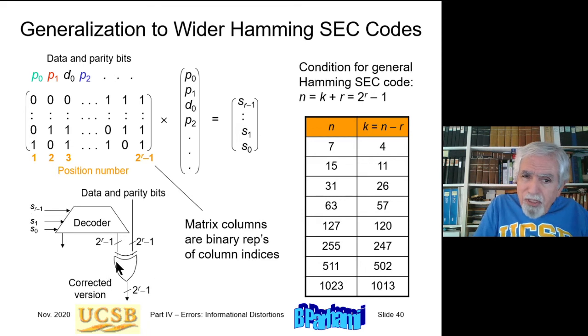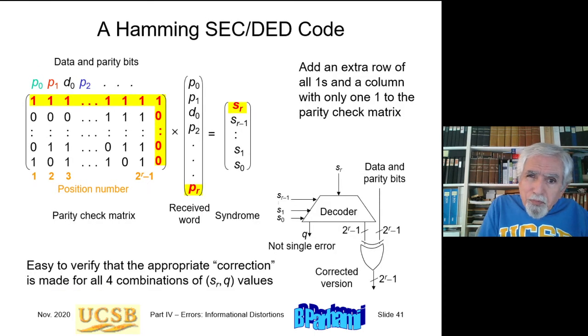And then the correction circuit is basically the same thing. The syndrome is decoded. One output of the decoder tells you that everything is okay. The other outputs are XORed with data and parity bits to correct a possible error. Now you can turn any single error correcting Hamming code into a single error correcting, double error detecting code by adding a row and a column to the parity check matrix and an extra redundant bit.